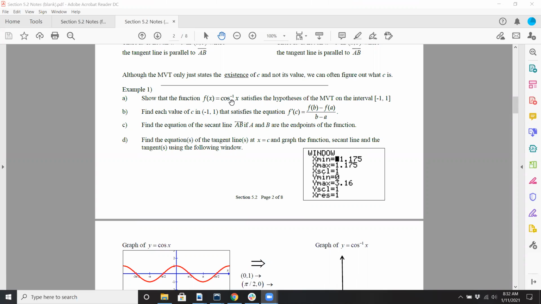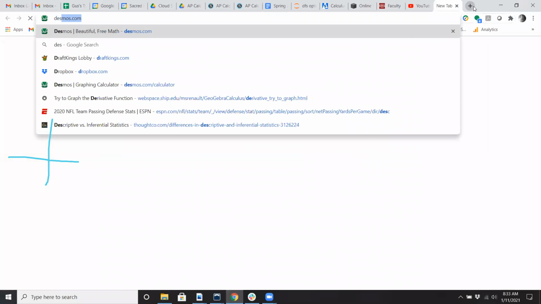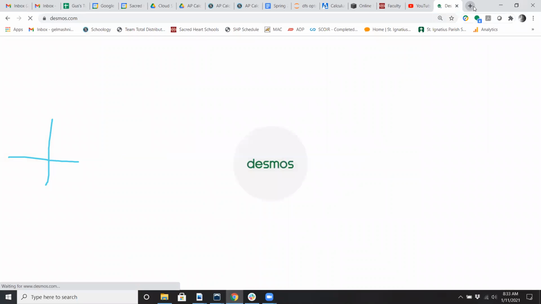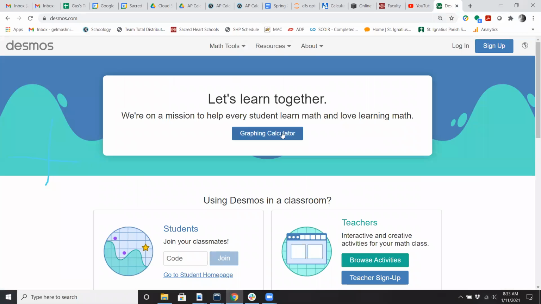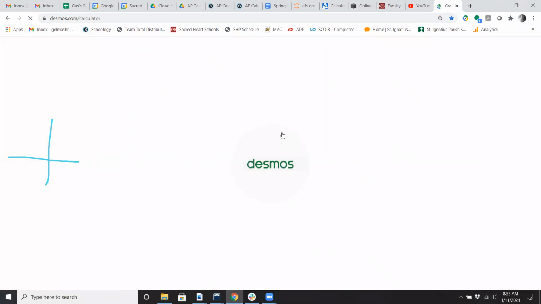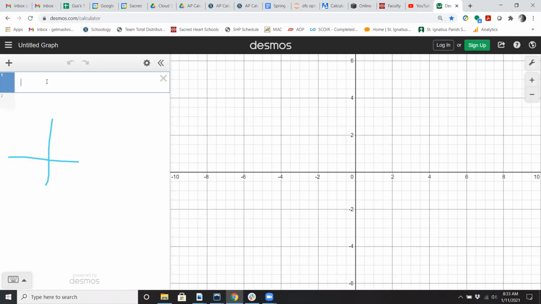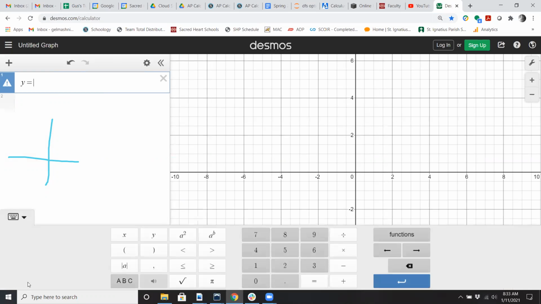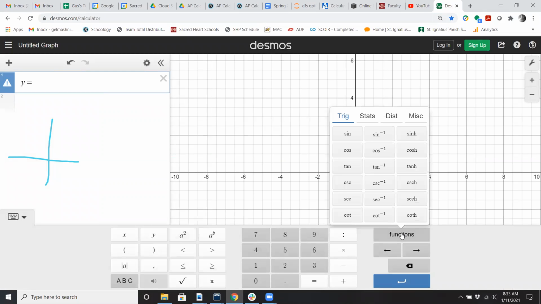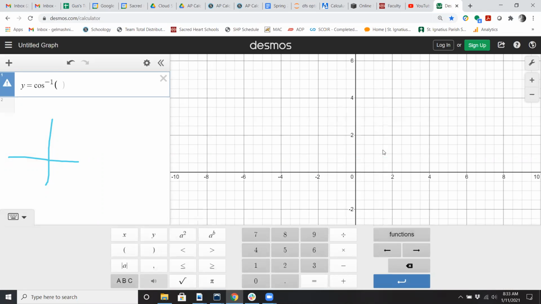Show that the function, the inverse cosine of x, satisfies MVT. Well, the inverse cosine of x, if you were to graph it, I'm going to go to Desmos in this case. Y equals inverse cosine of x.